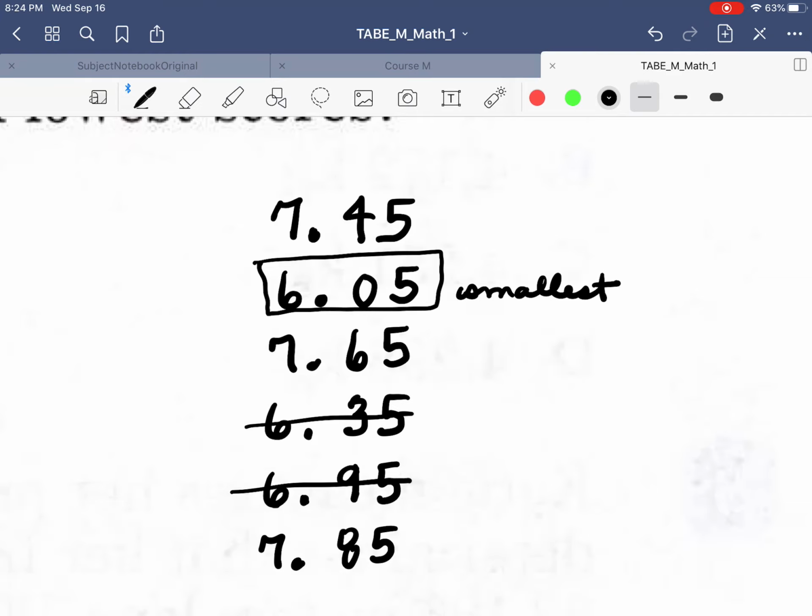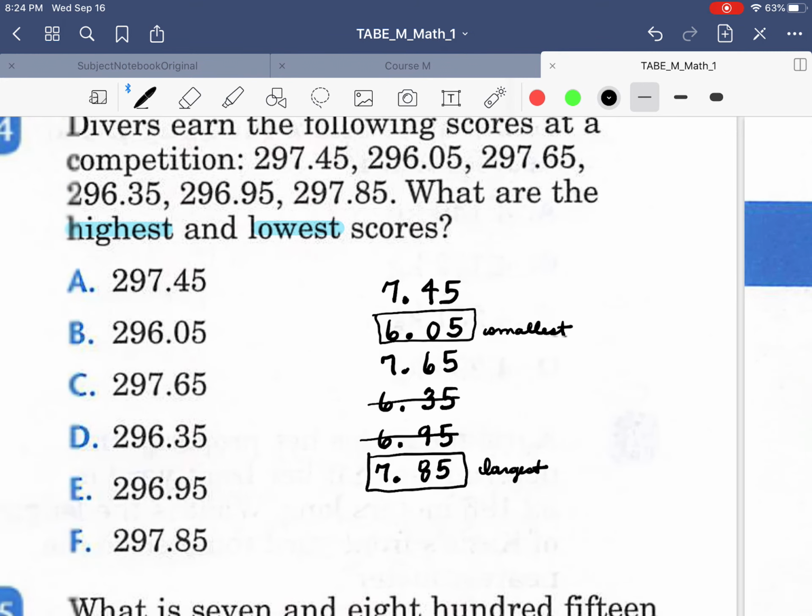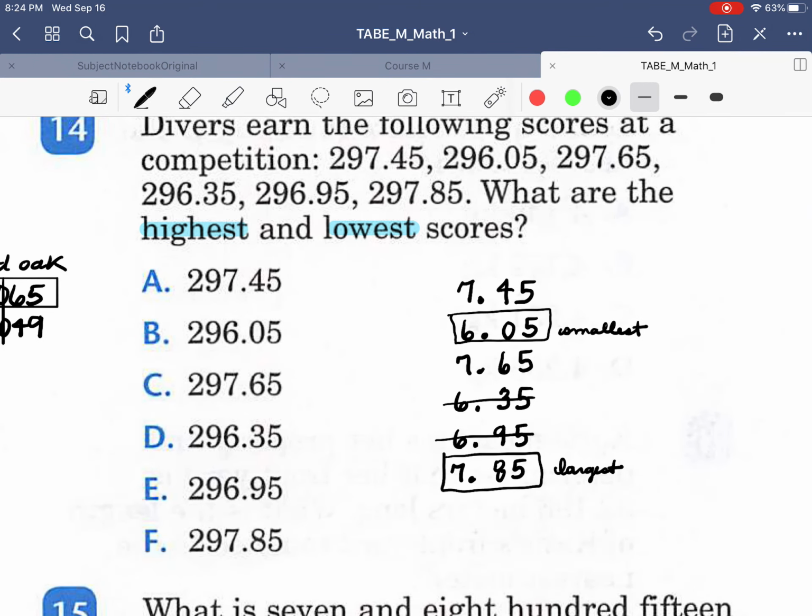Now I want the largest. So it's one of my sevens. I have 745, 765, 785. 785 is the largest of these. So the two numbers that have the largest, what am I saying? The highest and lowest, smallest and largest.